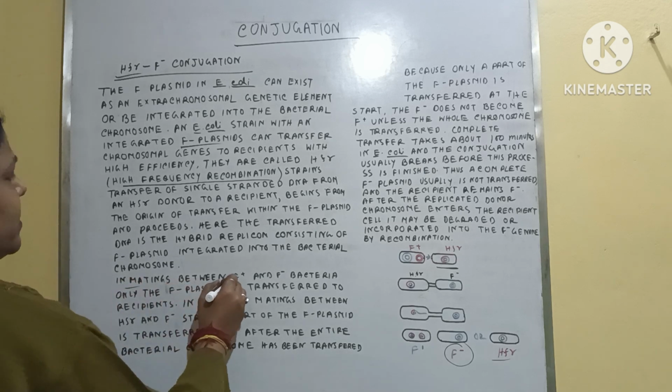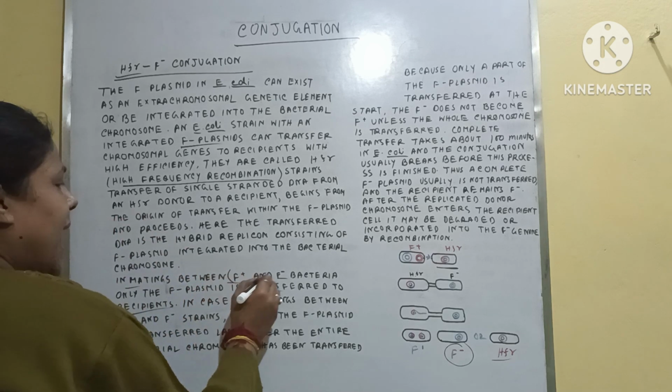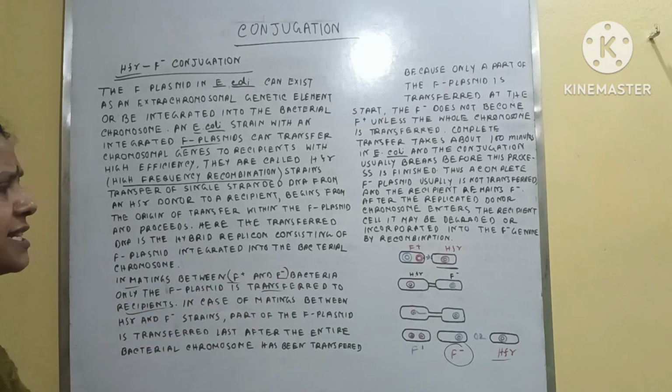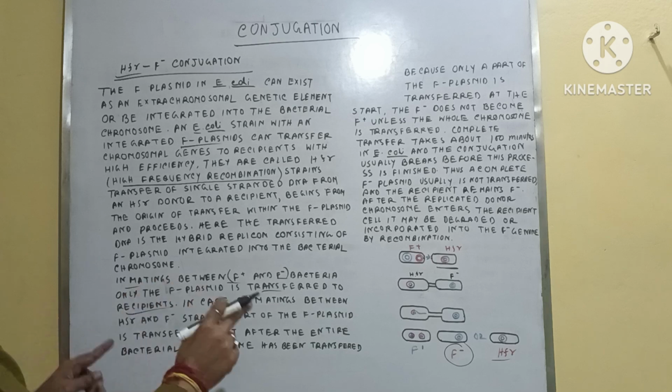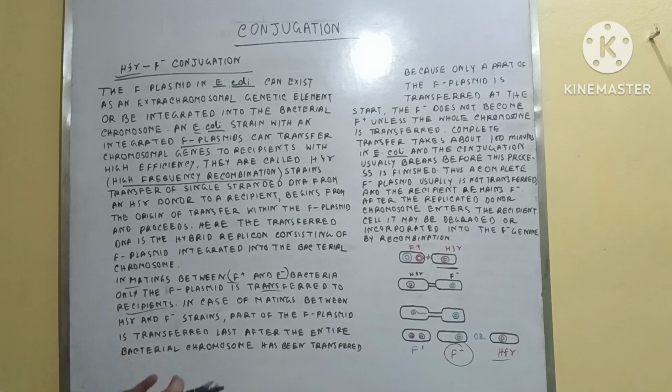In matings between F plus and F minus bacteria, only the F plasmid is transferred to the recipient. So what happens in F plus and F minus bacterial conjugation? Only the F factor, or F plasmid, can be transferred from F plus to F minus.